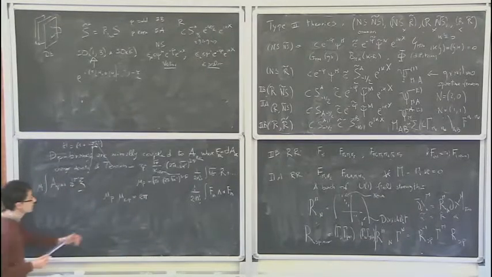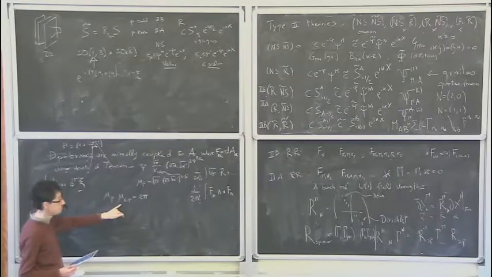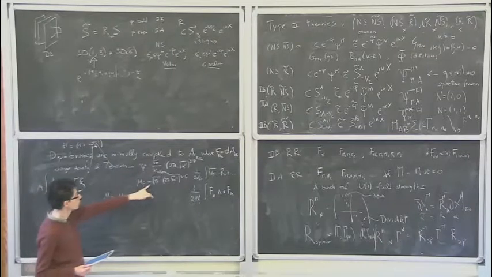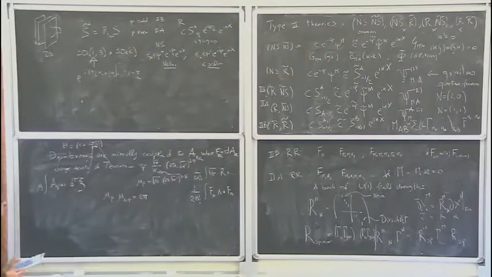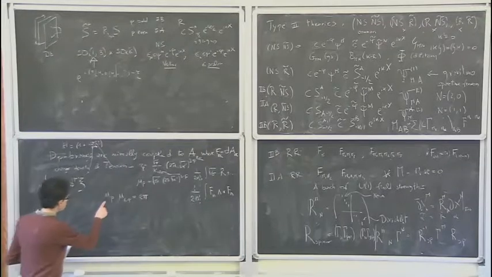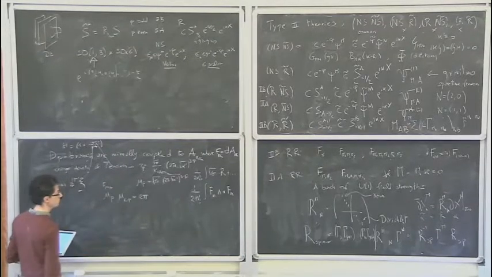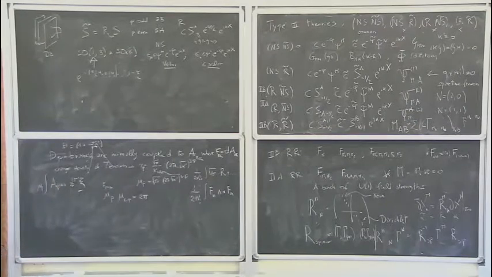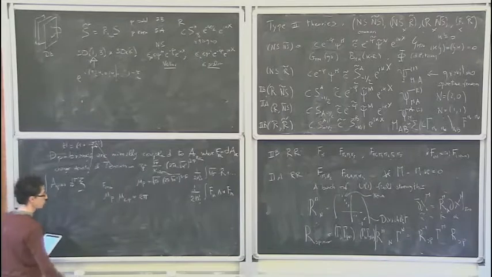Because this exponent will flip sign, so it will cancel, and so you will get root 2 pi twice. Now, why is this interesting? This is interesting because this guy is minimally charged under A_{p+1}, and the field strength is F_{p+2}.